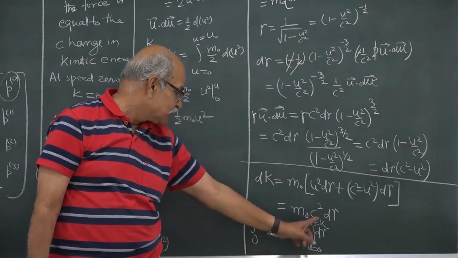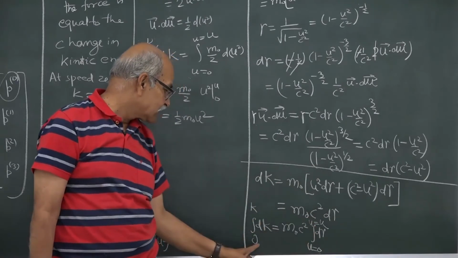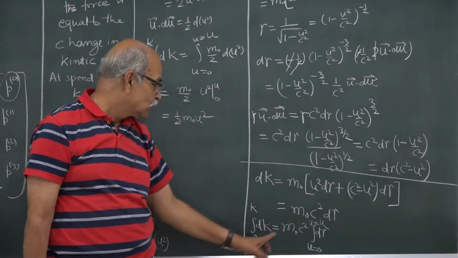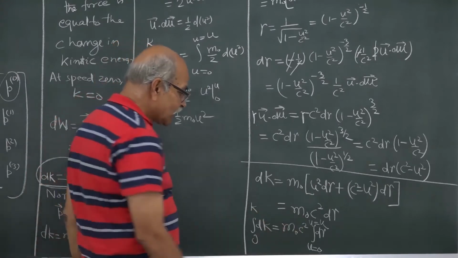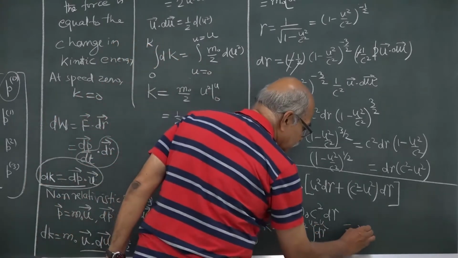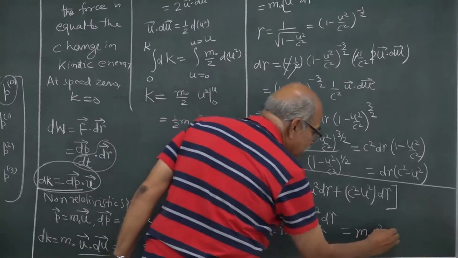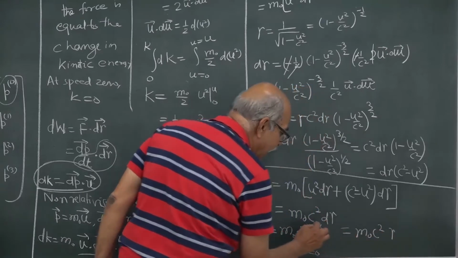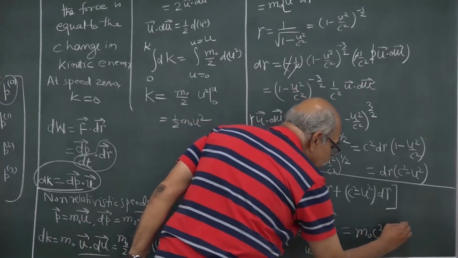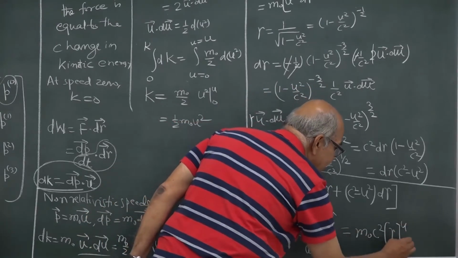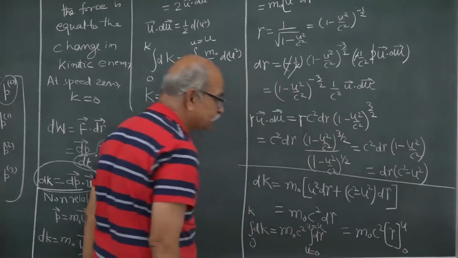You have to integrate between these limits, and correspondingly kinetic energy is 0 here and k here. Therefore this is m naught c square, and the integration of d gamma is just gamma, evaluated at u equal to u and at u equal to 0.